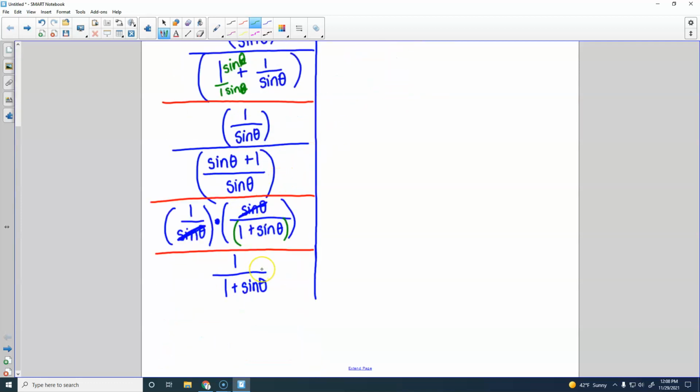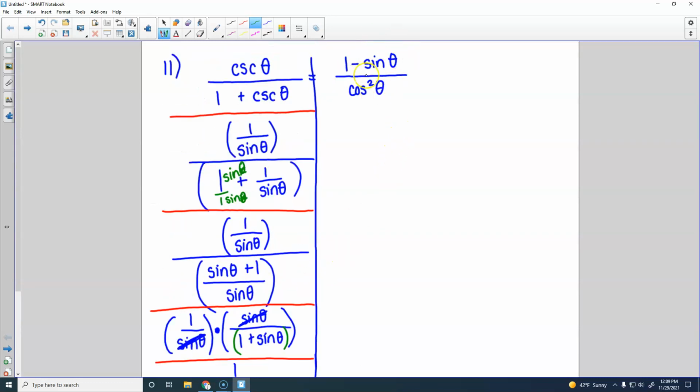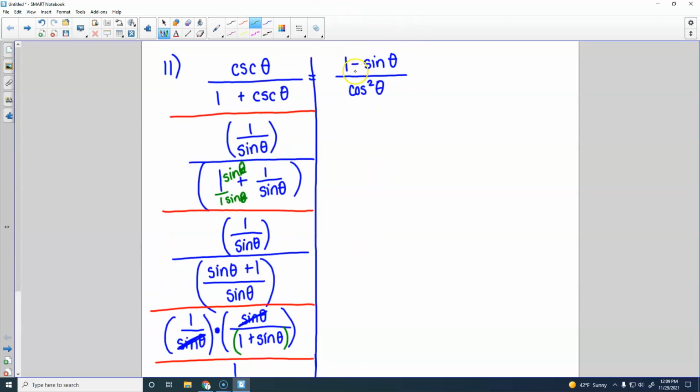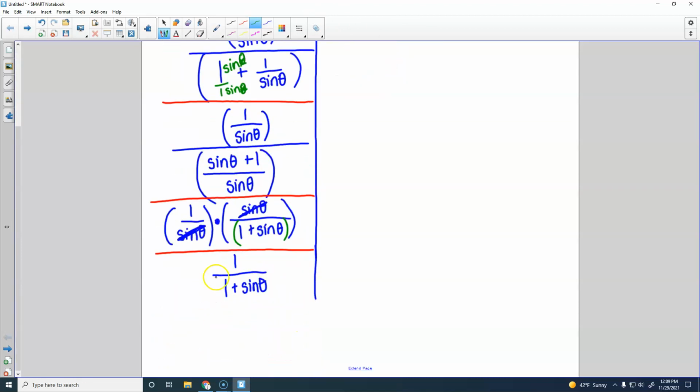So, when this happens, I do know a way to get to what we have over here, because I have taught this for a very long time and have seen lots of different ways to solve this. But it's not the most straightforward way and not what I would suggest for you guys. So, instead of trying to keep working on this side, let's go over to this side and see if maybe we can get it to match 1 over 1 plus sine theta.